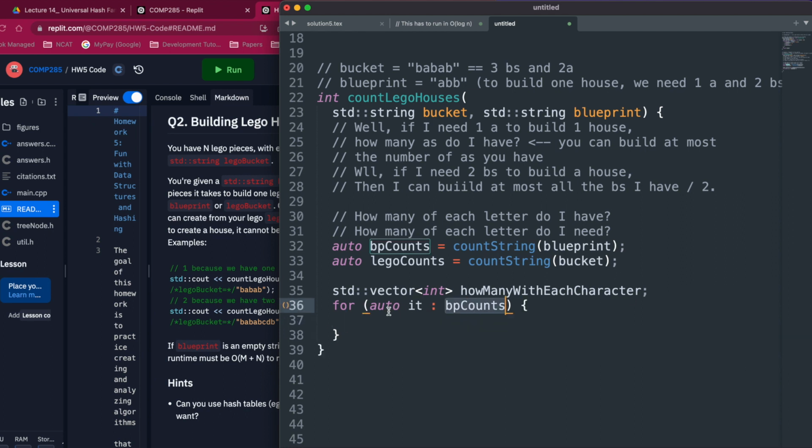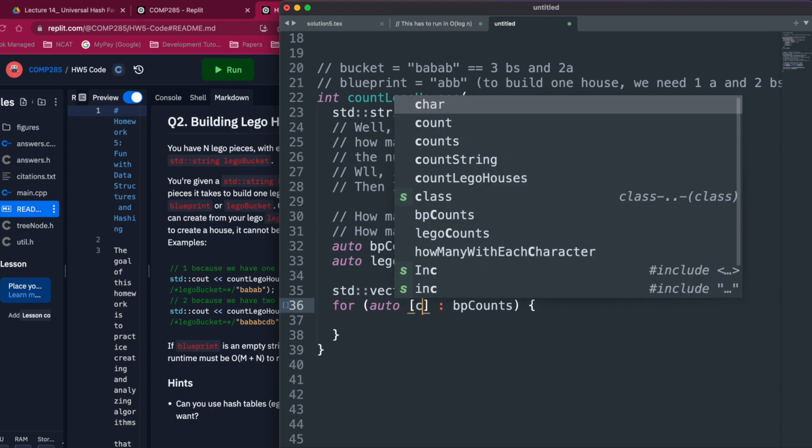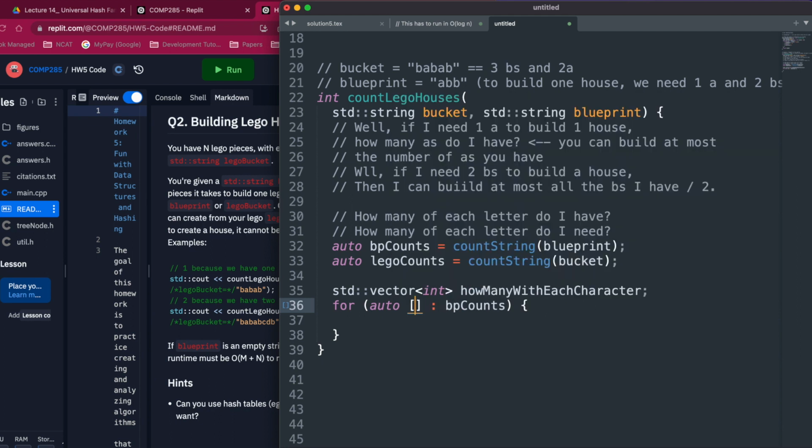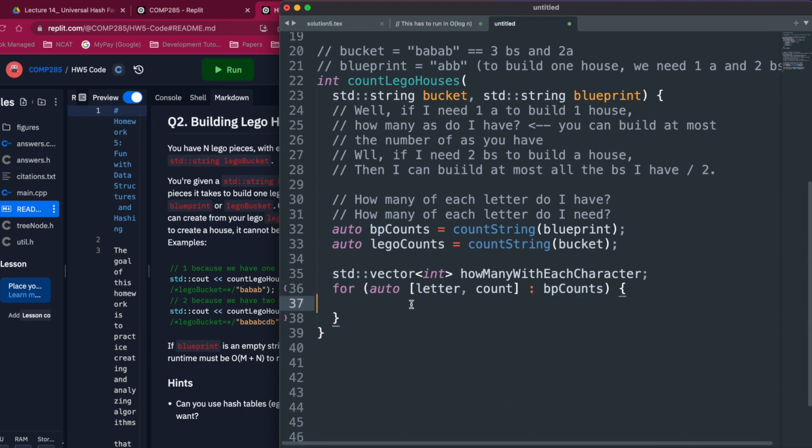So this is iterating over each element in our blueprint, which means you can also write it this way. I think we're using C++17, so you should be able to write it this way as well, which gives you letter and count. So this will actually tell you each letter and the corresponding count inside of our map here for the blueprint.